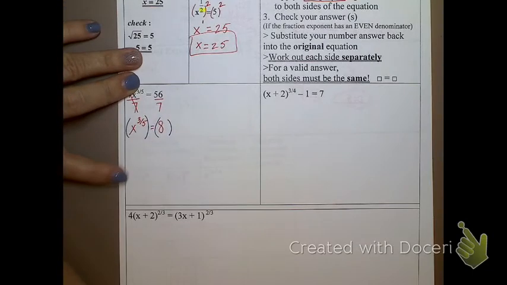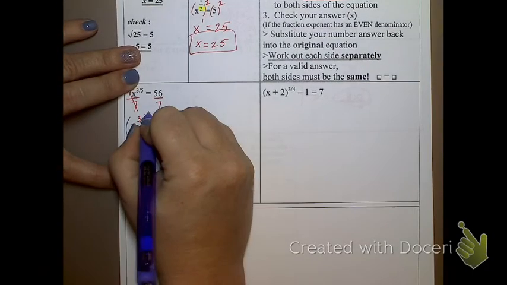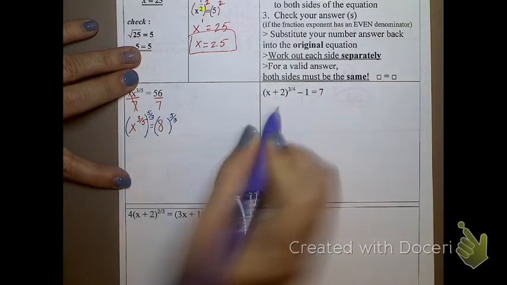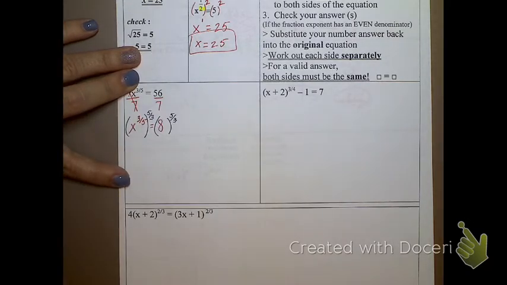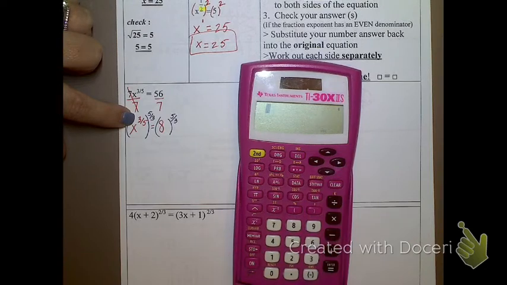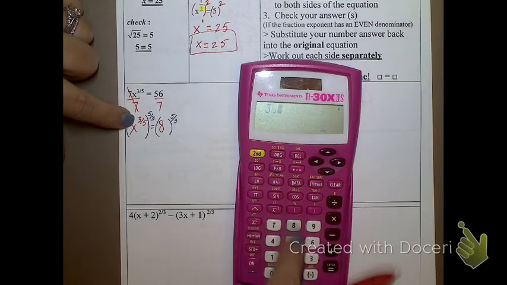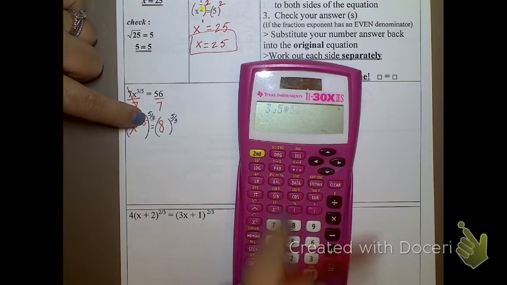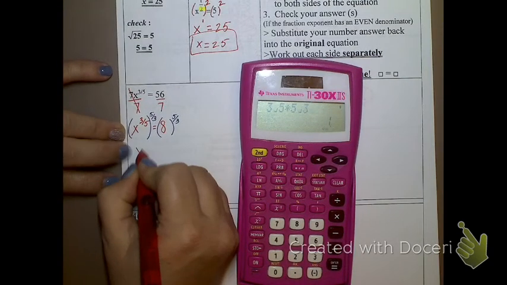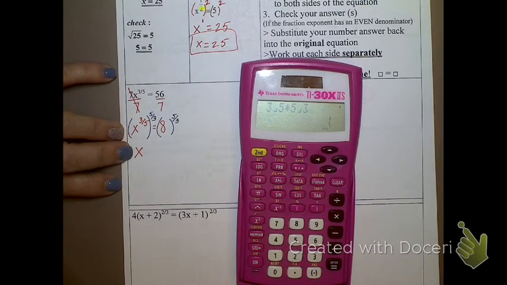What is the reciprocal of 3/5? 5/3. So let's look at what happens here. What is 3/5 times 5/3? 1. So I have x to the first power, which just looks like that.